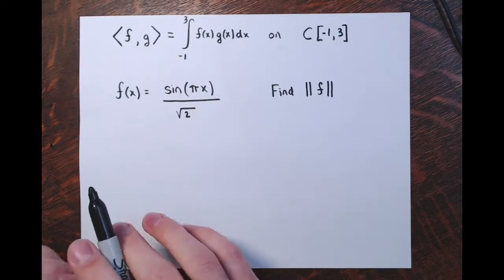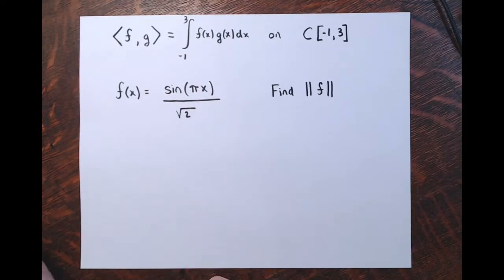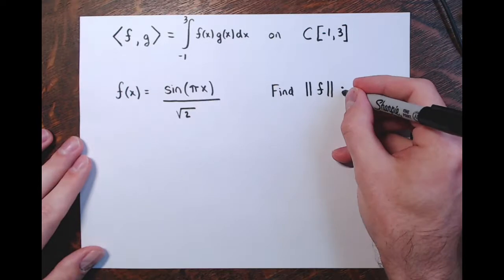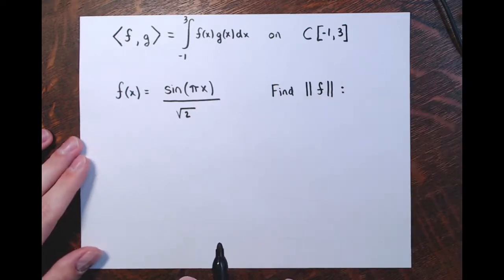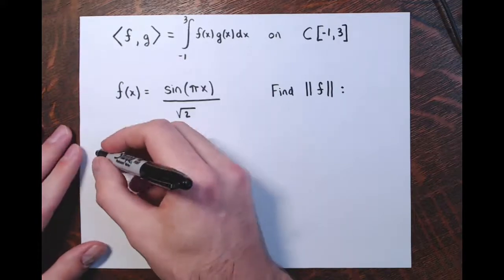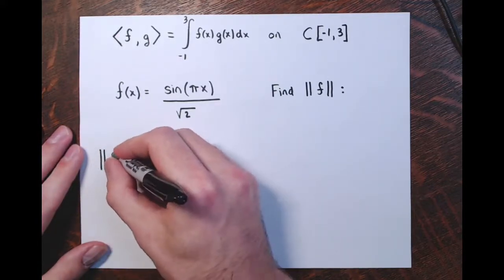All right. So now notice they have not defined the norm in any way. So if they don't define a specific norm for you, they didn't say find some weird definition of a norm, we're going to be using that natural definition of a norm.